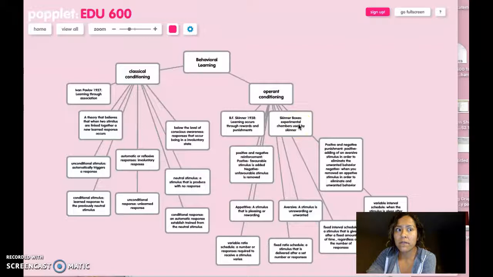And then I believe the first red word on the operant conditioning reading was Skinner boxes. So the Skinner boxes were the chambers that Skinner used to place his mouse, which he was using for his experiment.